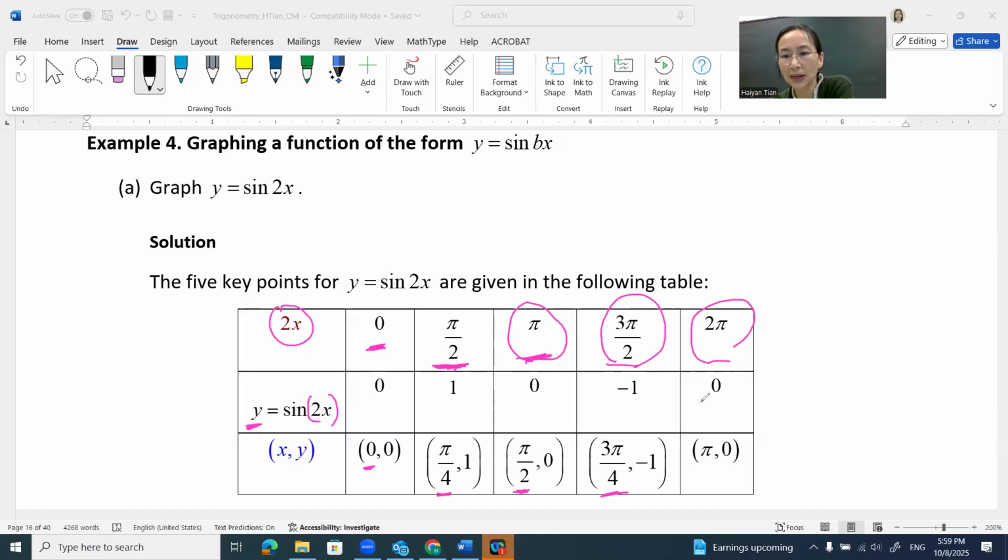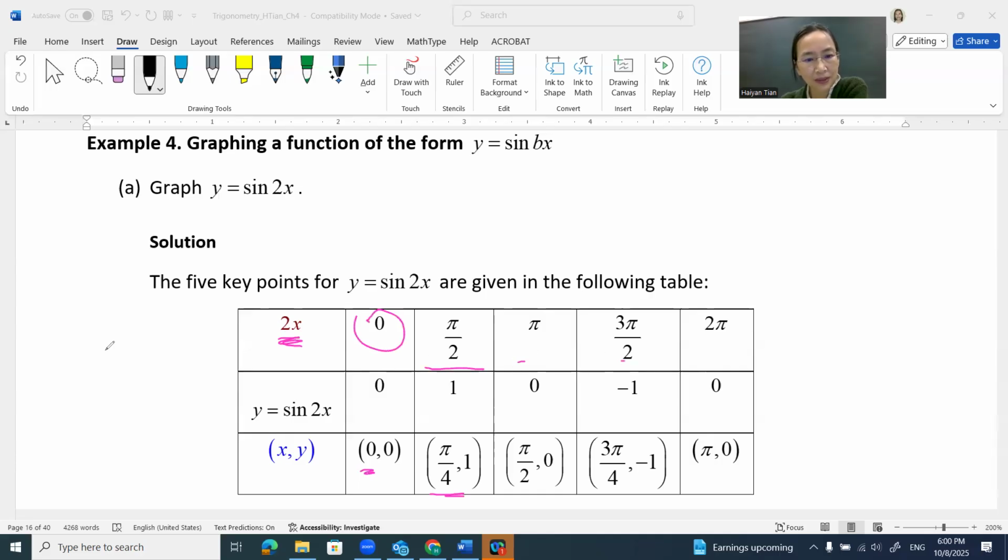When 2x is 2 pi, then x will be pi, always half. So that's how we get 5 key points. The only change to get x is half of the entry in the first row.